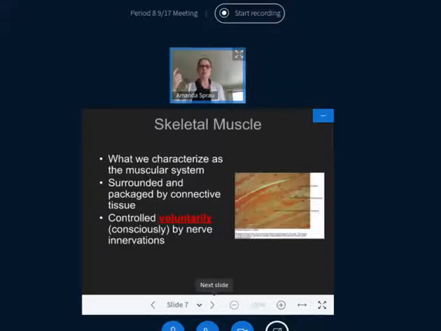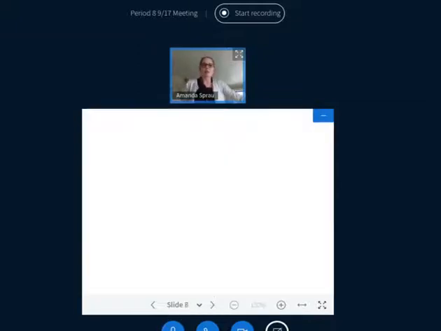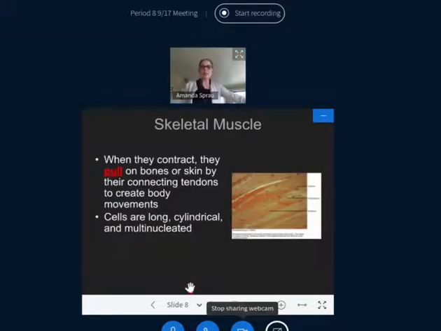That means we can think about it and move it, right? As I'm talking with my hands, like I always do, I am thinking about it and can cause my arms, legs, and head to move. All of those voluntary muscles are skeletal muscles. When they contract, they pull on bones or skin by connecting tendons to the body movement.